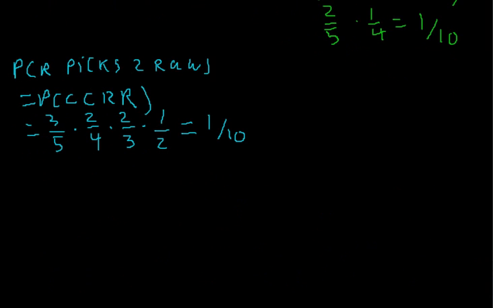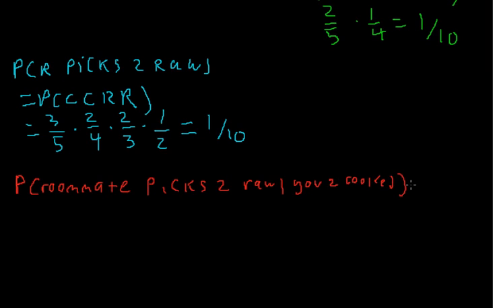The multiplication rule tells us that the probability that the roommate picks 2 raw given you pick 2 cooked, times the probability you pick 2 cooked, is equal to the probability roommate picks 2 raw and you pick 2 cooked.